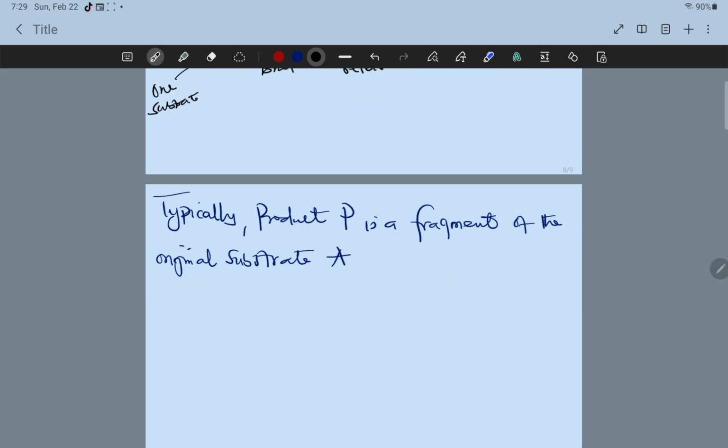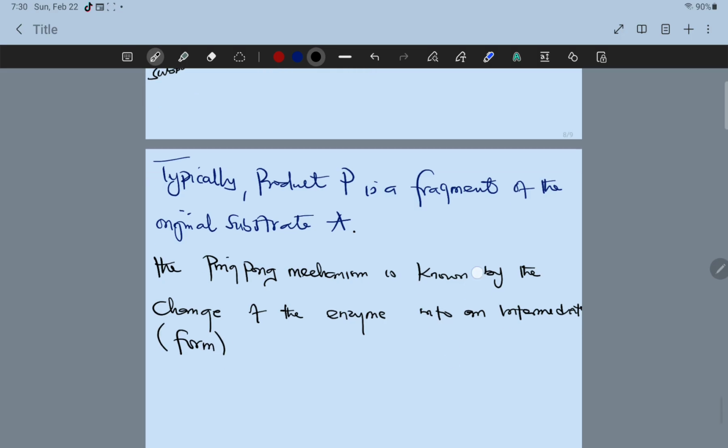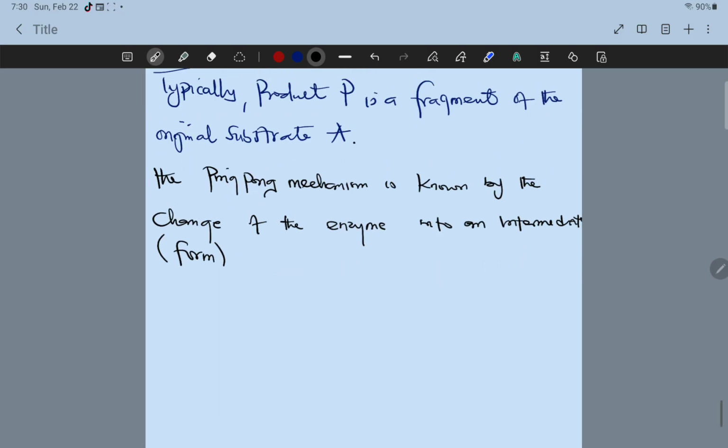Now before I go to the example, let us know that the ping-pong mechanism is known by the change of the enzyme into an intermediate form.